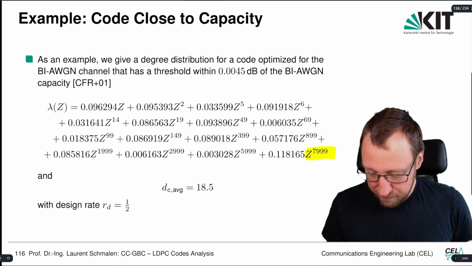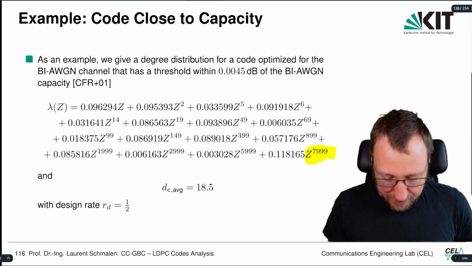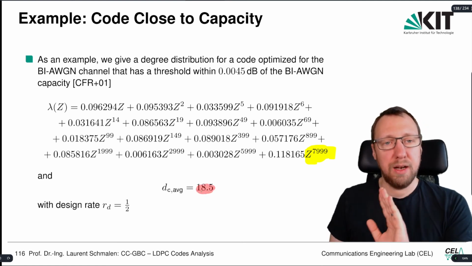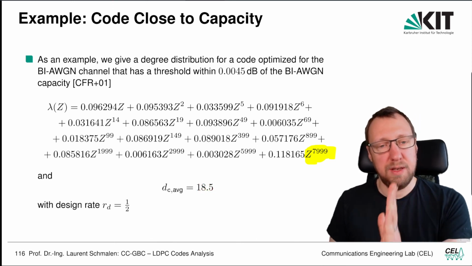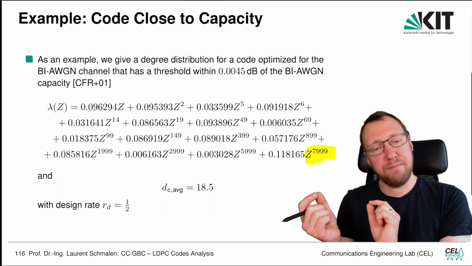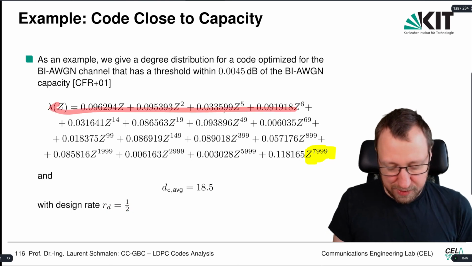That's pretty large. They have a DC average of 18.5, again concentrated on the check node. So it's the same idea that we just had. DC average, and then you have some with 18, some with 19. Design rate is equal to 1/2. And this is the lambda offset.